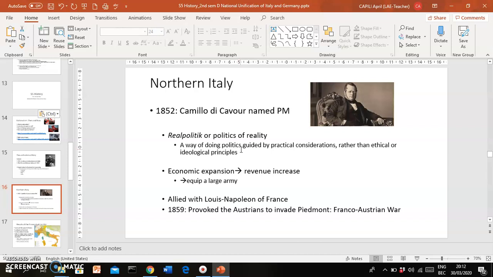No. What you would ask yourself would be questions like, what do I need to do in order to achieve that objective, in order to get what I want? In practical terms, what do I need to do in order to achieve my political objectives?